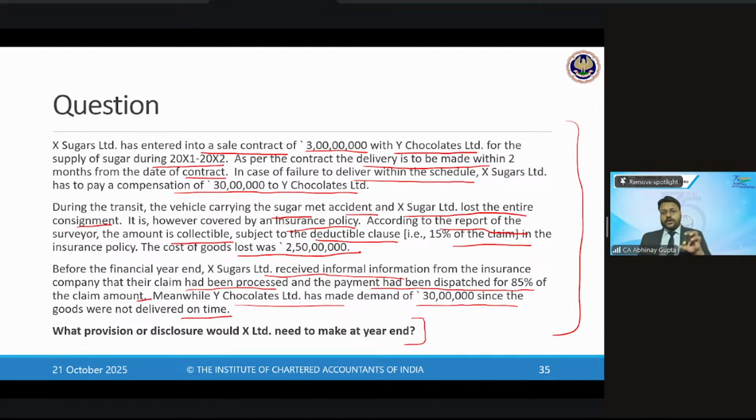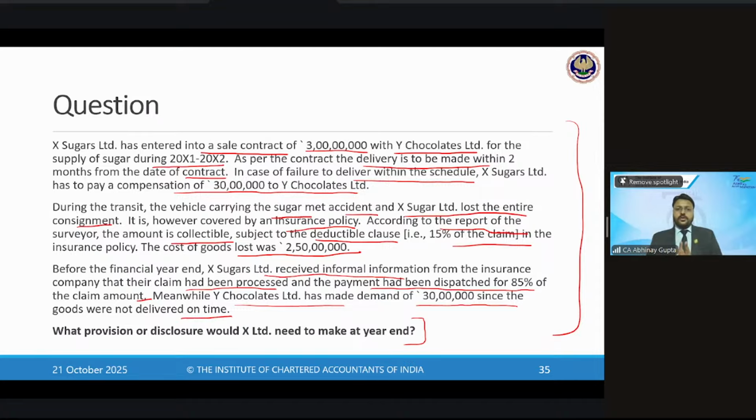Now, because of this past event, is there any present obligation? Yes, there is a present obligation to pay compensation of 30 lakh rupees. Is this a constructive obligation or a legal obligation? This is a legal obligation because it is given in the contract. It is contractually driven.